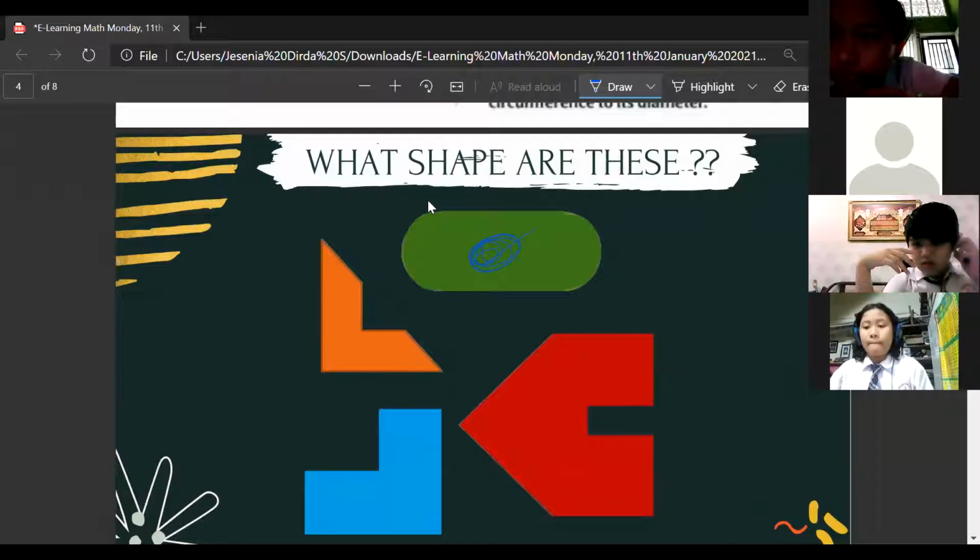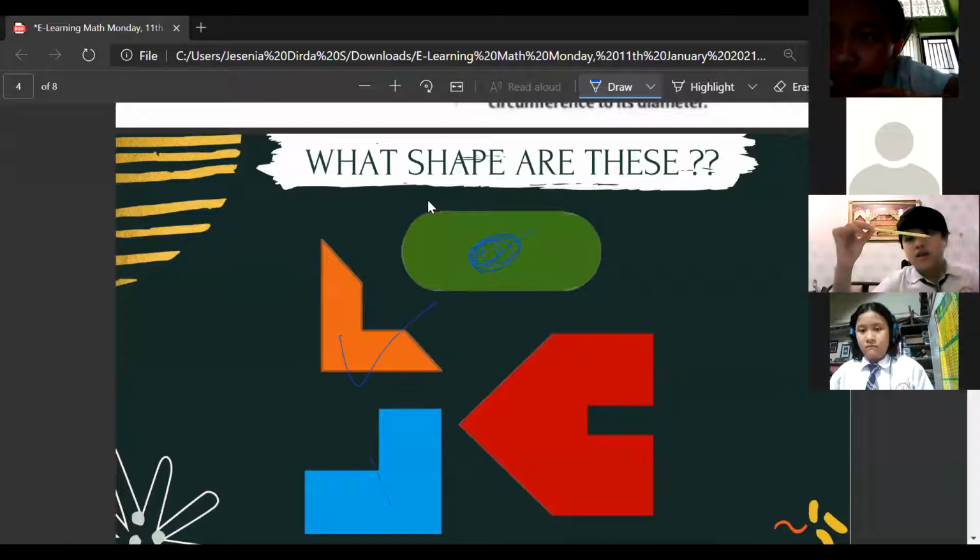Ya, because kita nggak bisa bilang pakai basic. Biasanya kan kita pakai basic. Sehari-hari kita pakai basic. Usually, we use the basic figures. Like, this is triangle, this is rectangle, this is square, that's circle. But now, there's a figures yang aneh gitu ya. So, we call it a composite figures. Ini composite figures, and composite figures. All of them are composite figures.